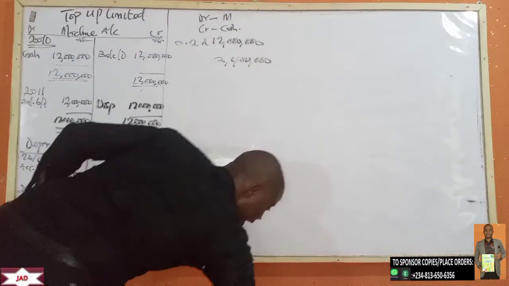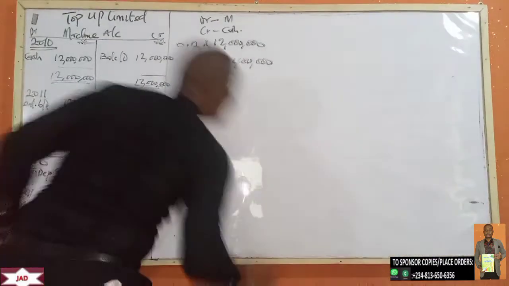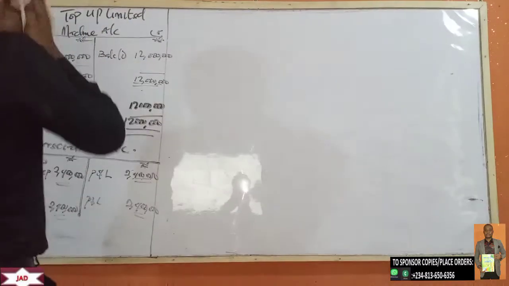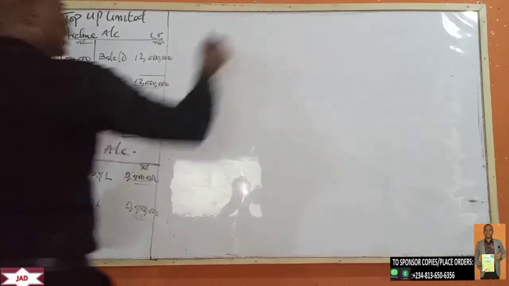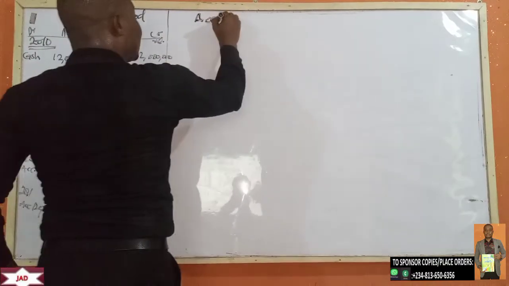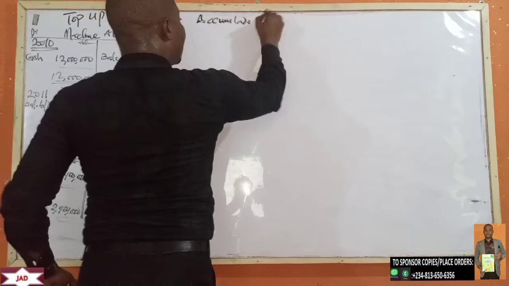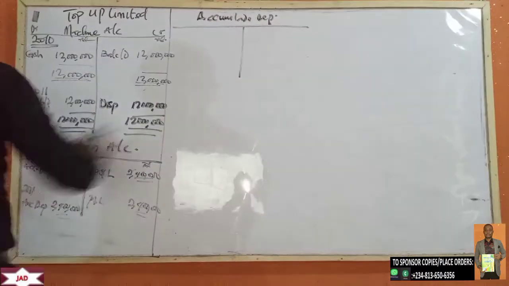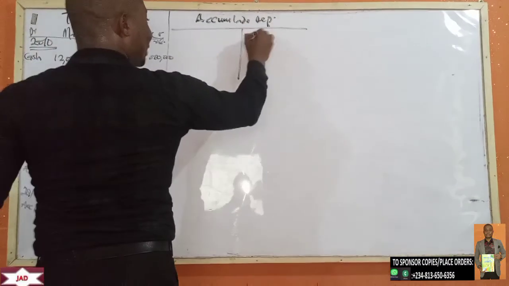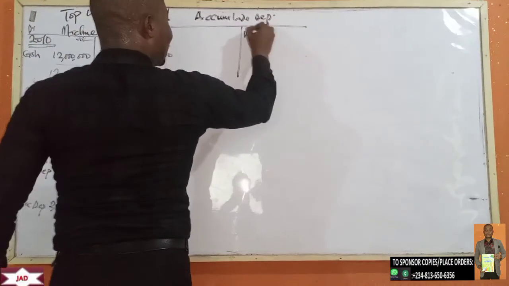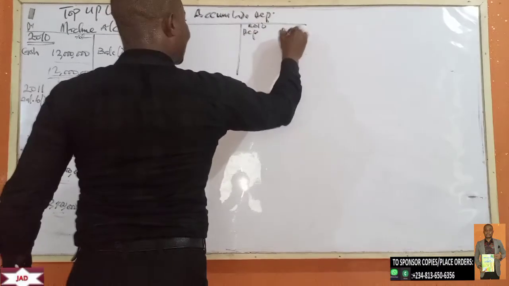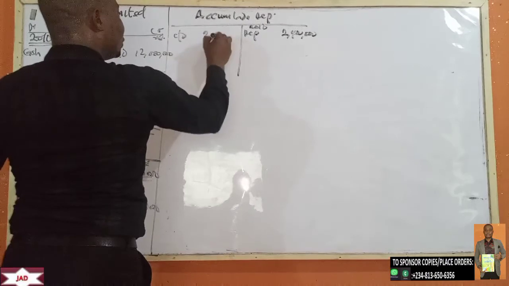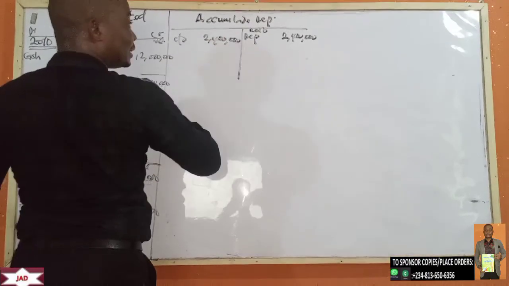So the next one there, of course, you have the accumulated depreciation account now. Depreciation, that's for 2010, 2,400,000. So you have carry down here 2,400,000, right?